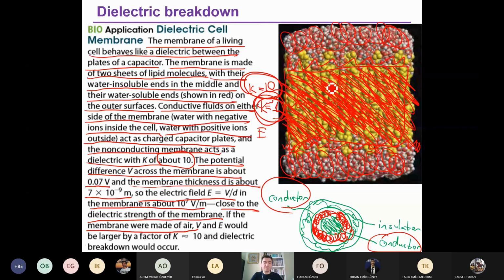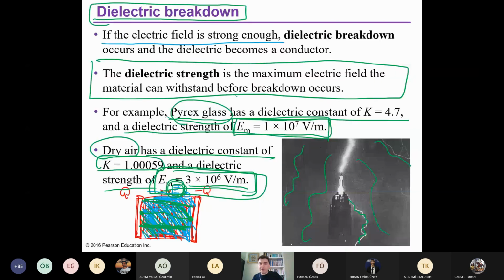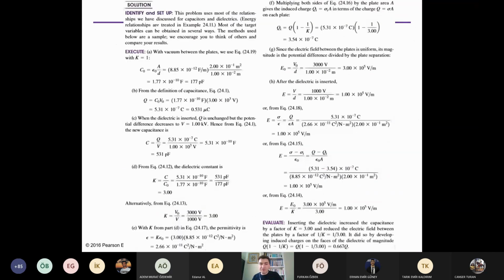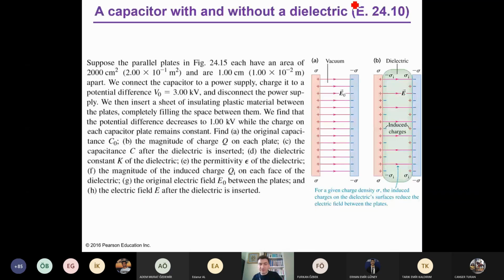This is a bioapplication. And let me discuss the molecular model of induced charge. In the previous part of my lecture, we have discussed these two pictures. In picture A, we have two metal plates, they are charged and we have a certain electric field in between, and we have a capacitor. And in picture B, we have inserted dielectric material between the plates, okay?